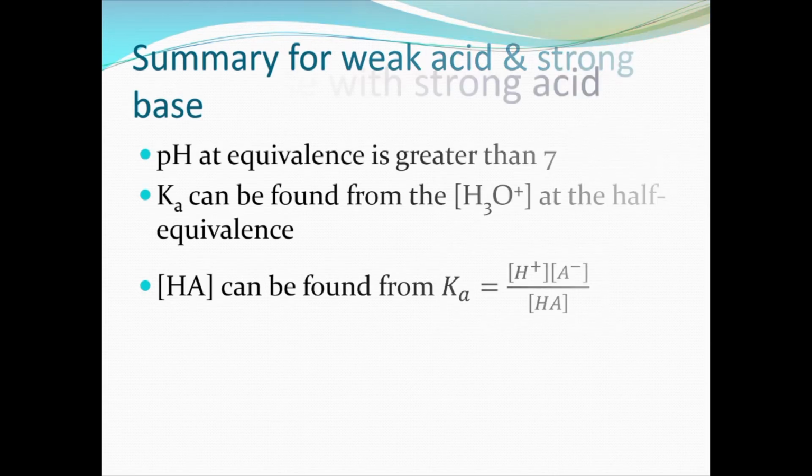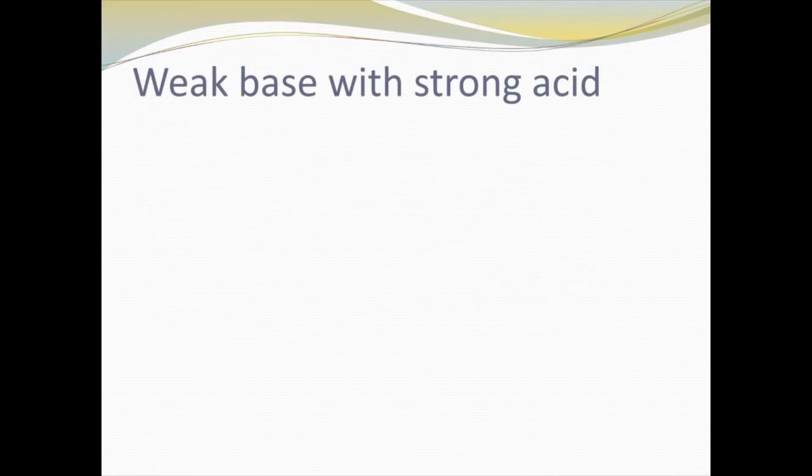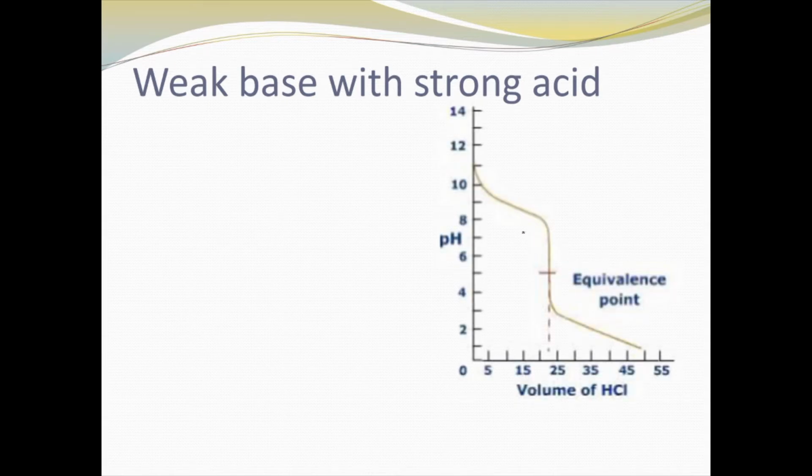Now for weak base strong acid titrations, it's kind of the same, only a little backwards. The titration curve is basically flipped on its head. Here you have a relatively steady section where you have your weak base plus water, and this creates an equilibrium that produces a conjugate weak acid and hydroxide.